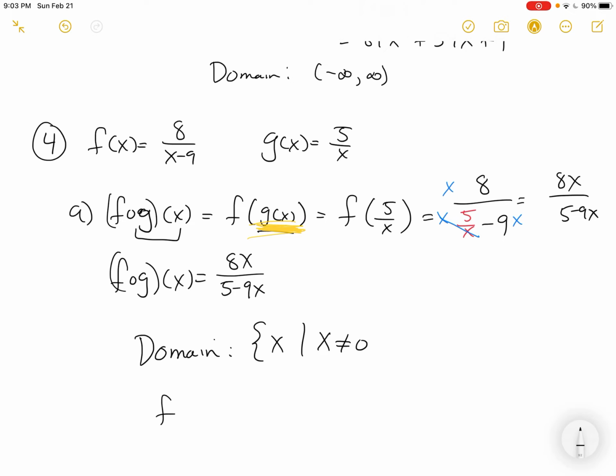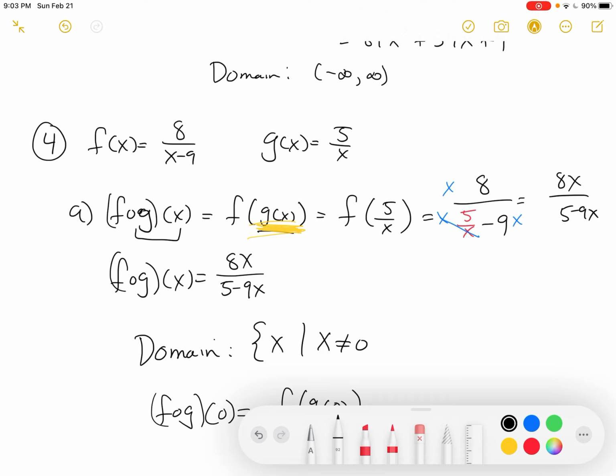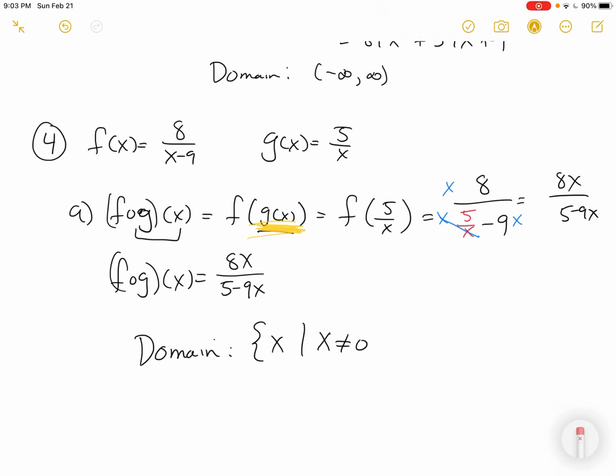If we ever had to do f composed with g of 0, we would have serious issues, because the first thing that would have to happen, and that's why they're having you do it with the numbers, is g of 0, which does not exist. And so we cannot plug in 0. Then the second thing to look at is the end function. Is there any additional domain restriction to the composite that came out? Now notice in the composite, 0 is not a problem.